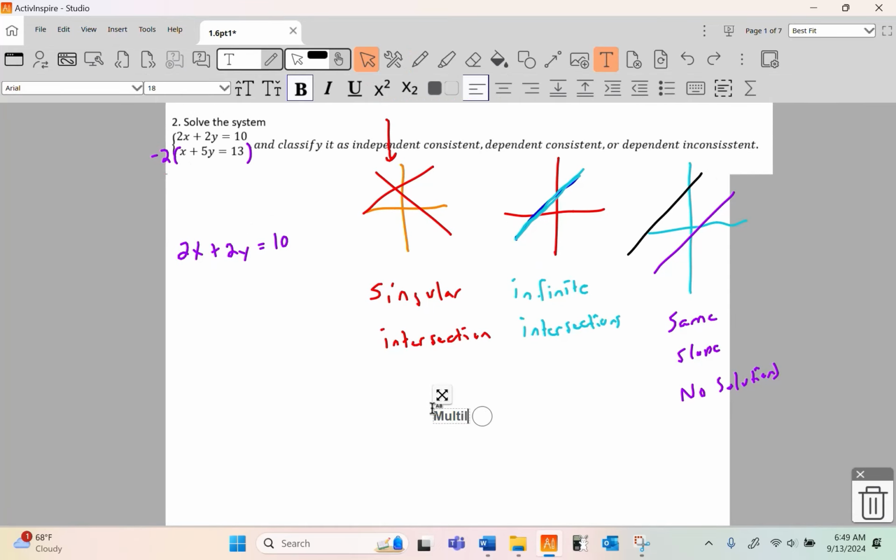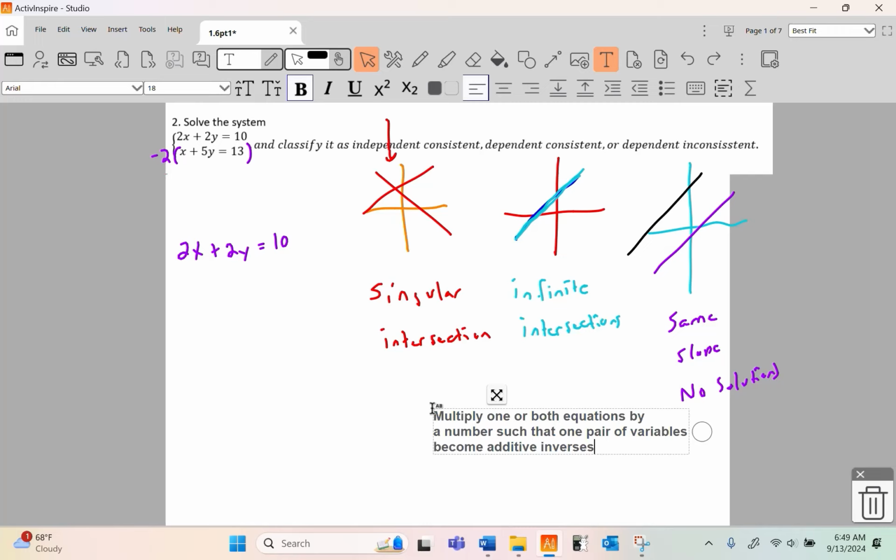We multiply one or both equations by a number such that one pair of variables become additive inverses. This is the elimination technique.